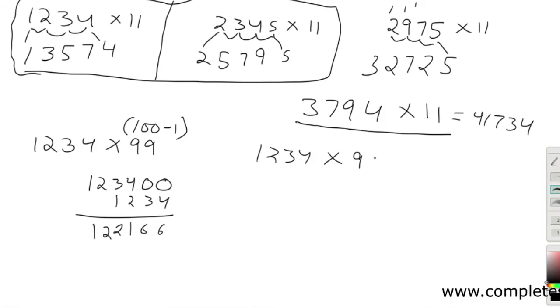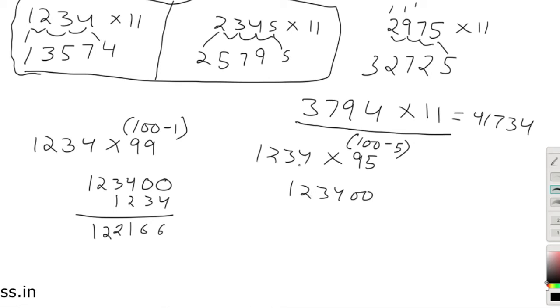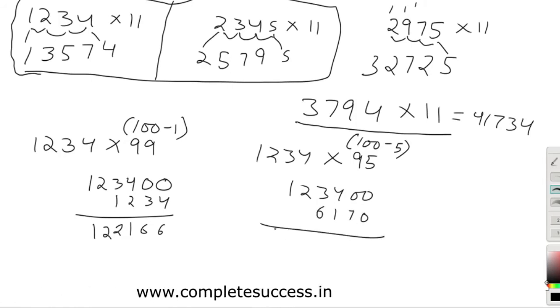Or we take 95. So what is convenient? 100 minus 5. So 123,400 minus 5 times of this value. So 5 times of this value becomes 6170. How come 6170?